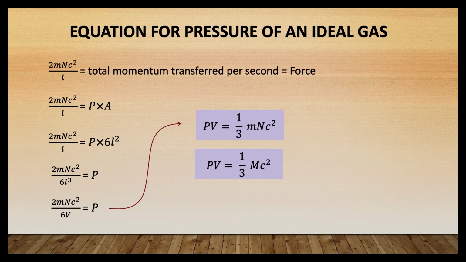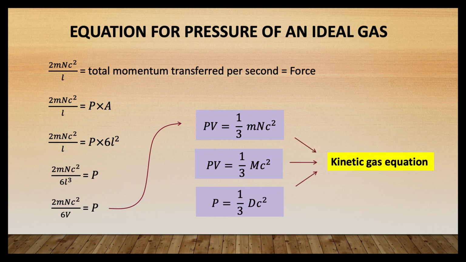So, we can write this equation in the form P is equal to 1 by 3 dc square. These three equations are all forms of the kinetic gas equation.